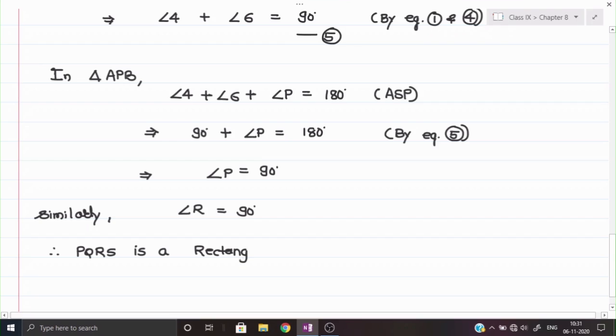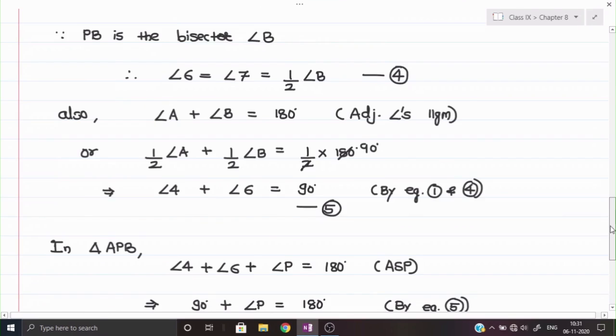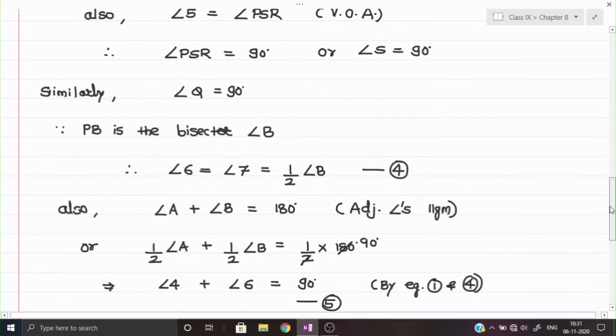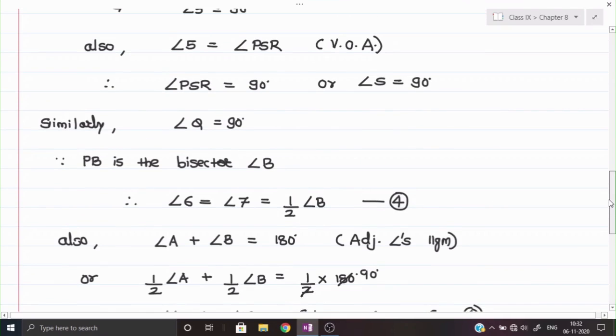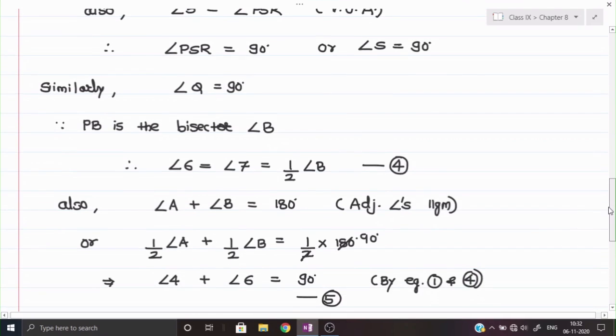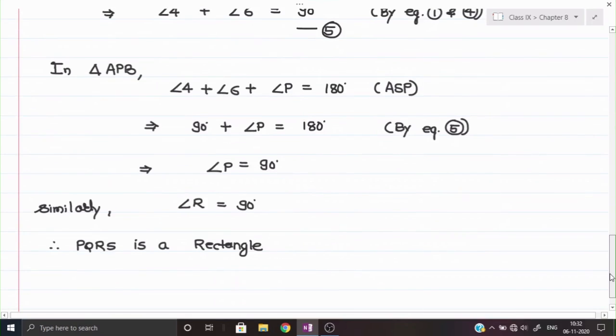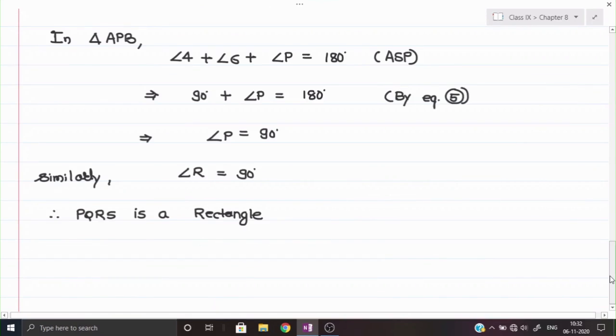Okay, earlier you can see we have proved angle Q and angle S are 90 degree, and now we have proved angle P and angle R are also 90 degree each. So PQRS is a rectangle, and that only we have to prove.